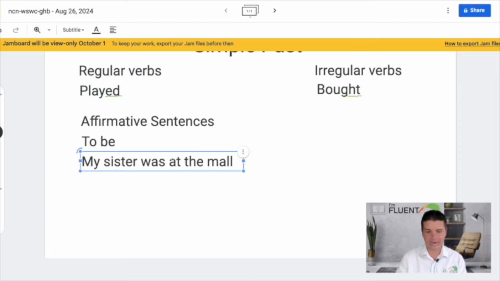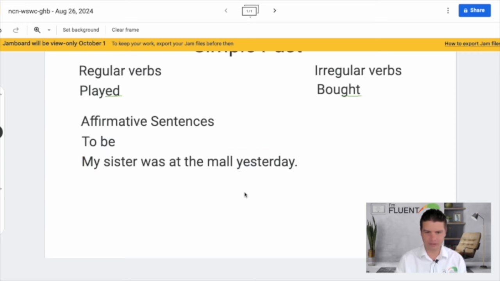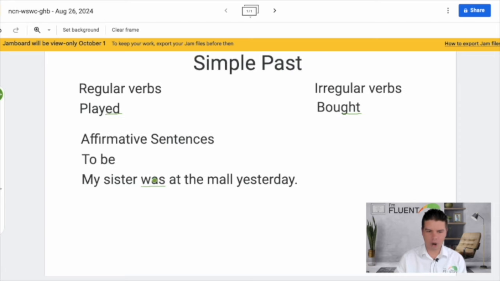Yesterday. So we can also add signal words. My sister was at the mall yesterday. There we go. And don't forget to add the period so it's grammatically correct. I'm going to underline was, as this is the verb to be in the simple past.